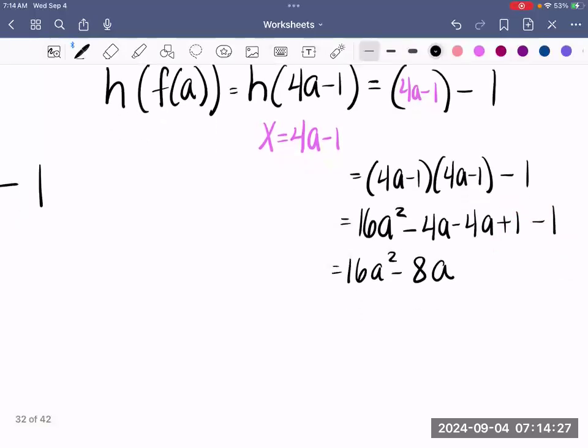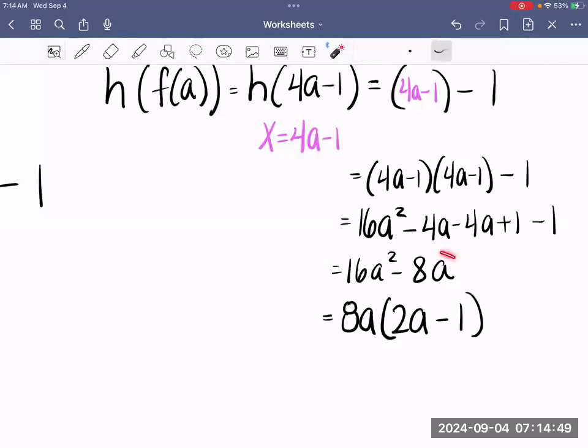I'm not sure how picky your instructor is going to be, but at this time, if you wanted to, you can go ahead and factor. So if we were to factor this out, we have an 8 and an a in common, leaving behind a 2a minus a 1. So depending on your instructor, they might allow you to leave it here.